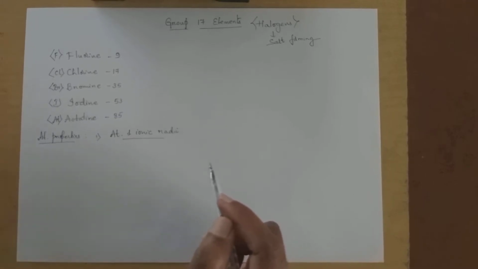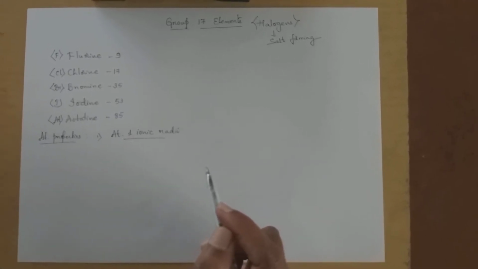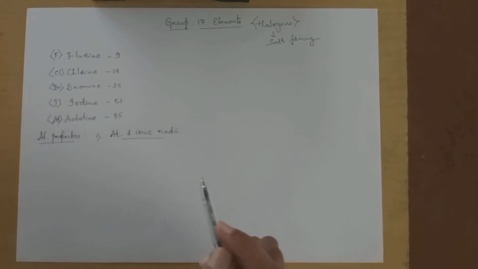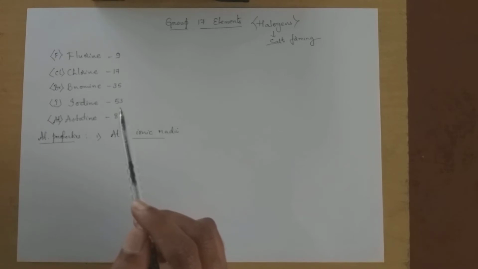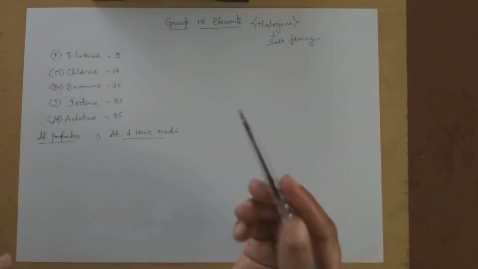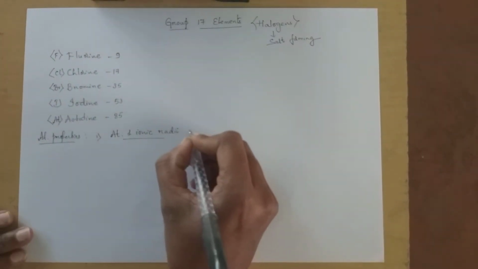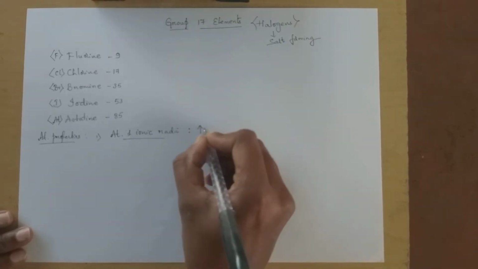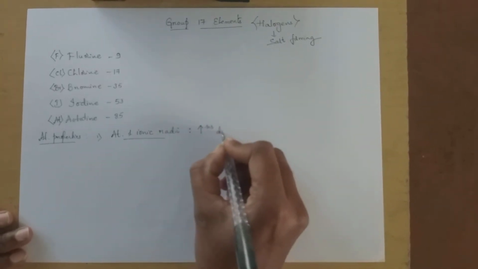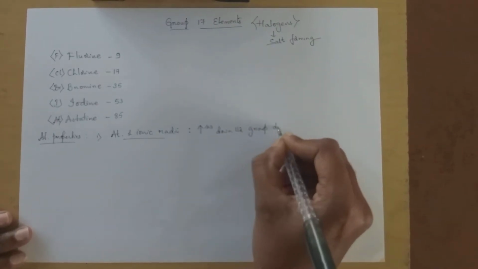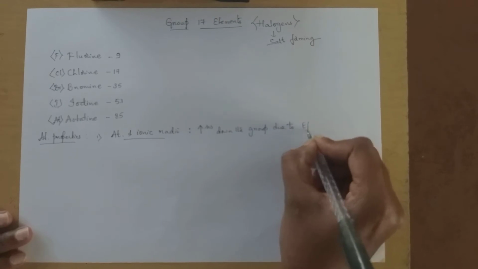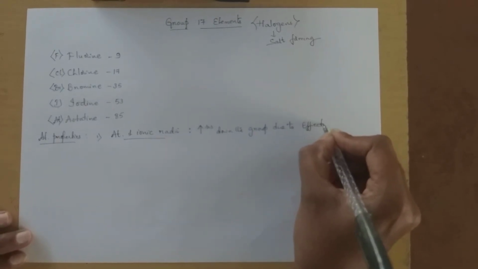So the atomic and ionic radii of halogens increase from fluorine to iodine. Okay, increases down the group due to effective nuclear charge.